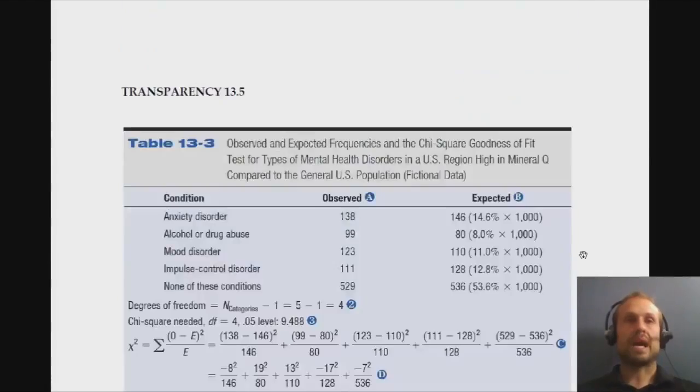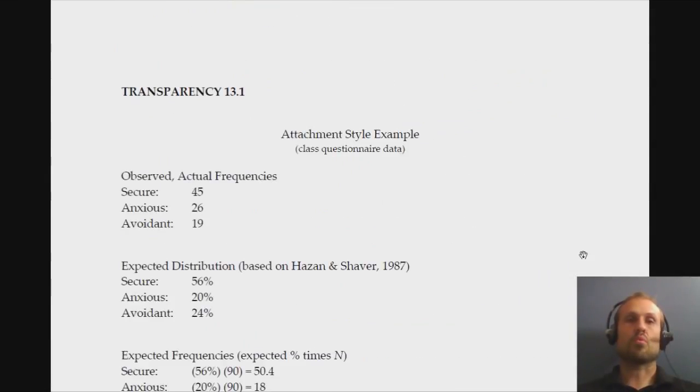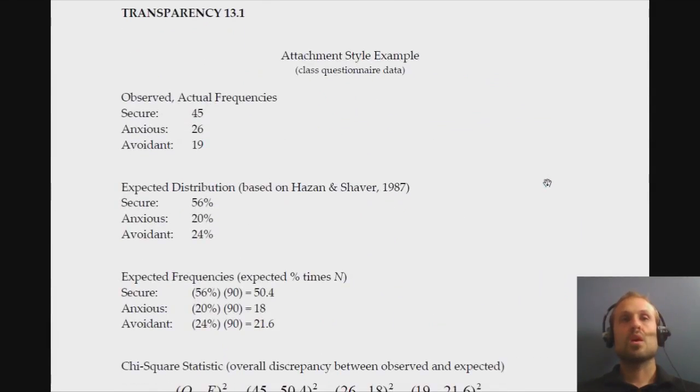So now let's go back to slide number 1, where we're now just going to look at some other examples, just getting me used to the process. That's a little different, but still very similar.